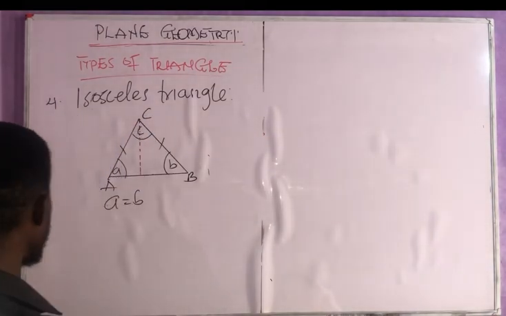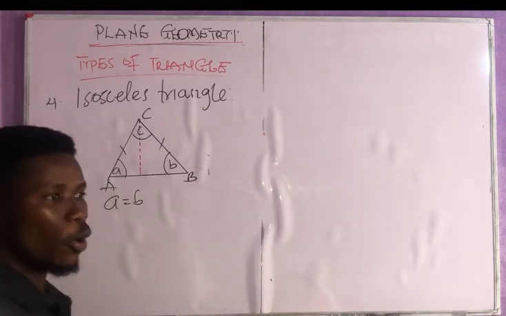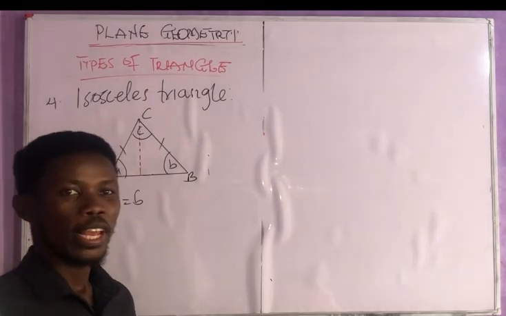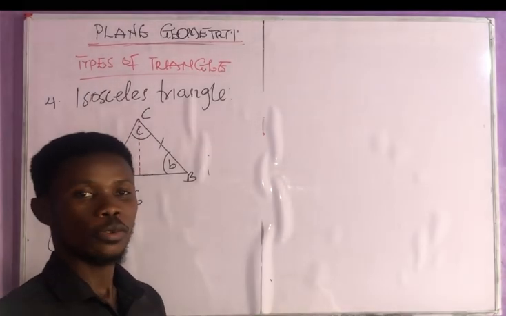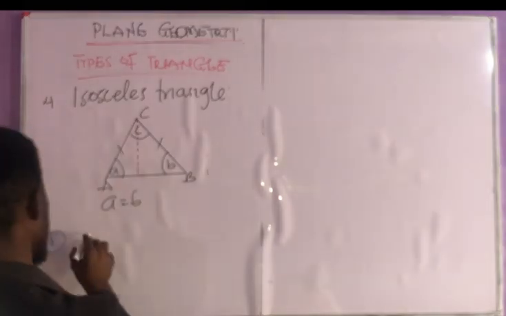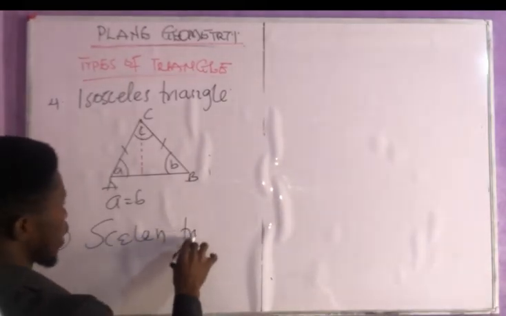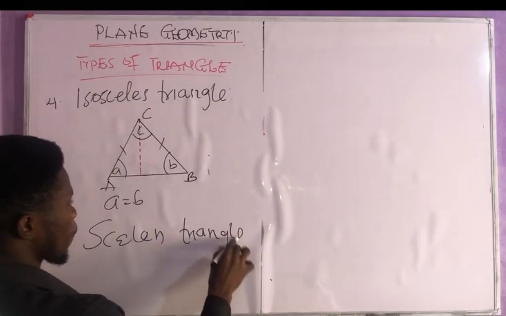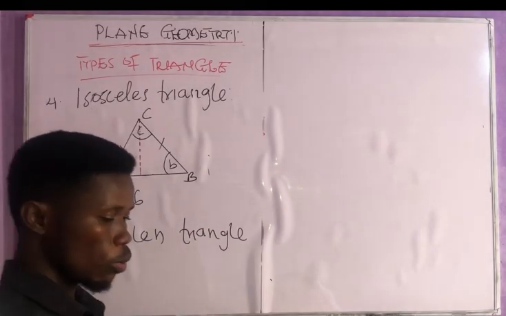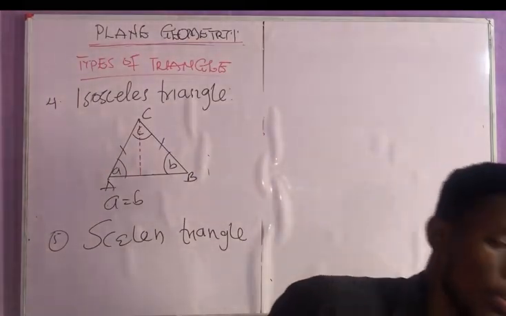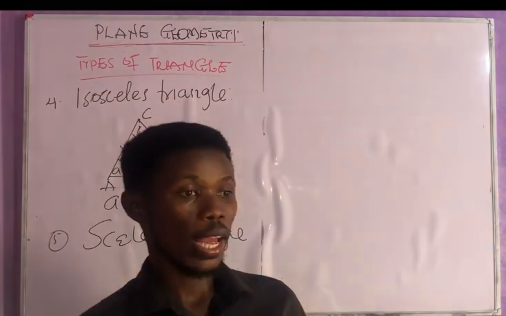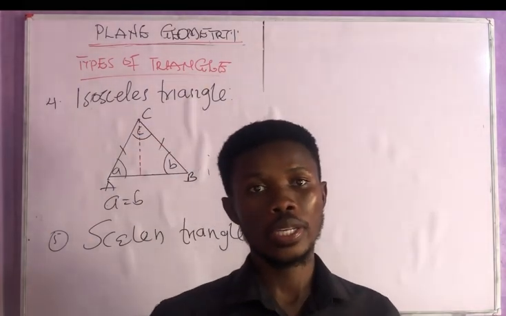Okay, now what if all the sides are not equal? If all the sides are not equal, then we talk about a scalene triangle. A scalene triangle is simply a type of triangle in which all the sides are what?